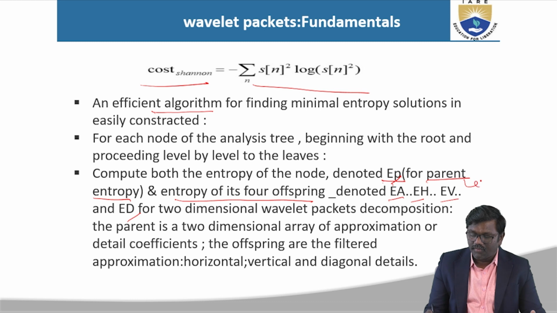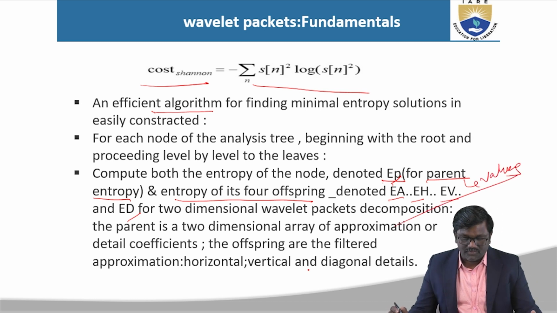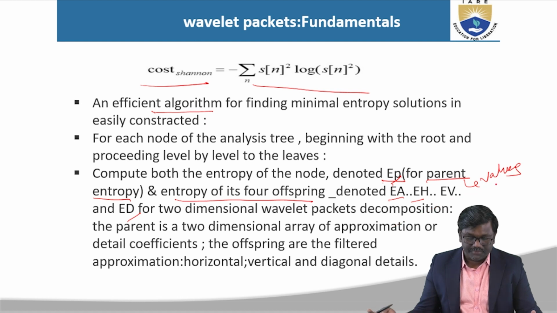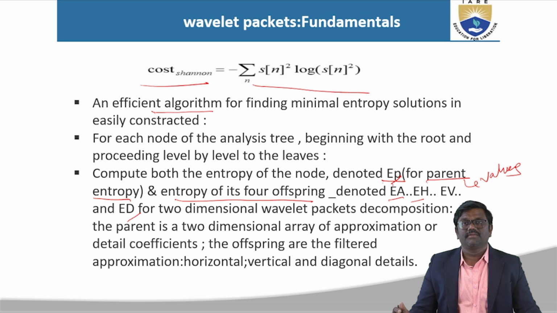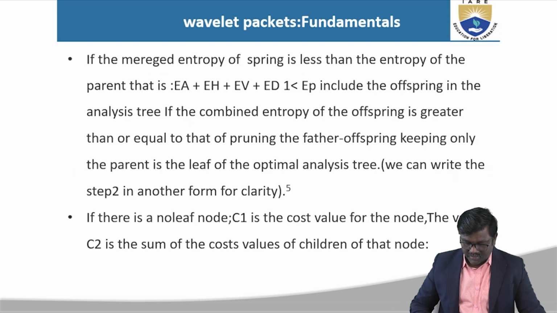These are all the four values, which vary in two-dimensional wavelet packet decomposition. So the parent is a two-dimensional array of approximation or detail coefficients. The offspring are the filtered approximation, horizontal, vertical, and diagonal details.